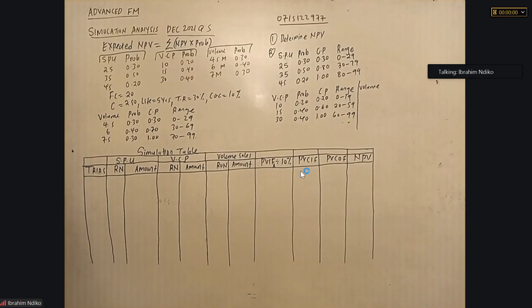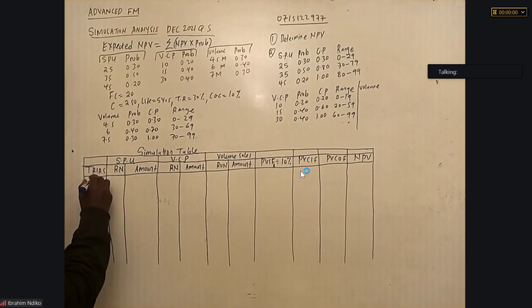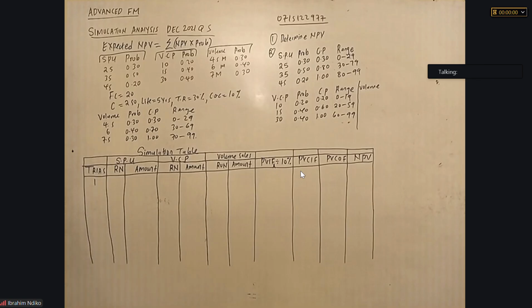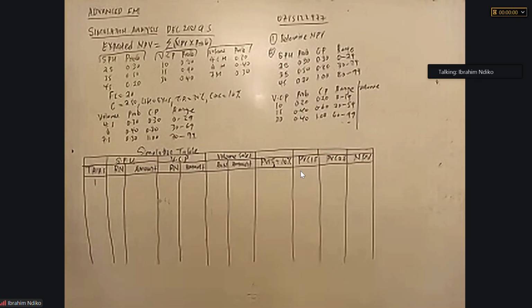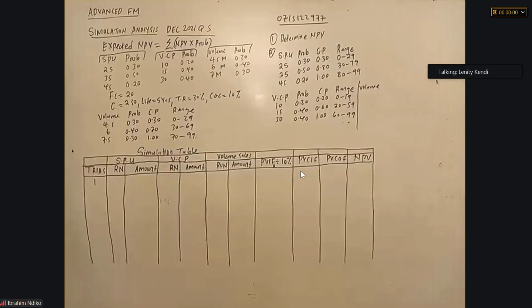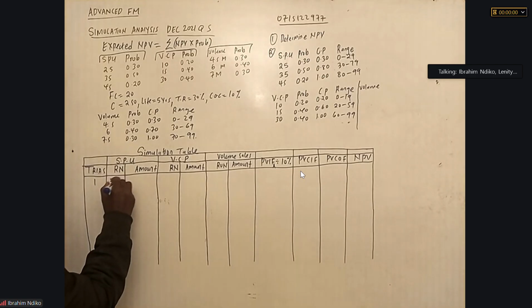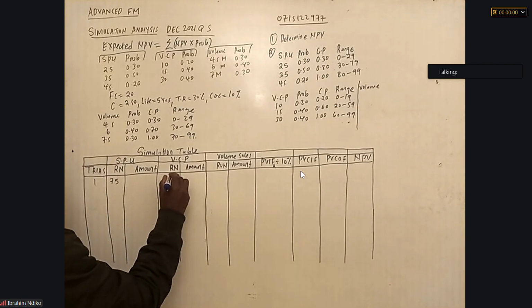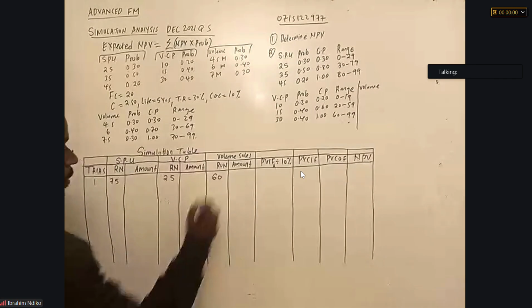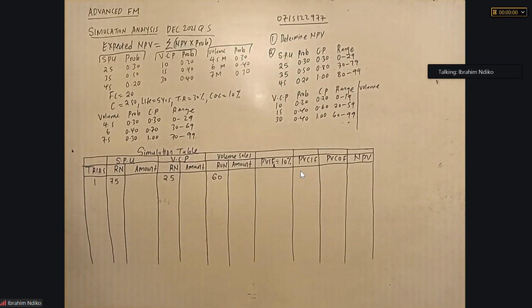Unaandika chini zile numbers. Haya, the first one ilikuwa gani? 75, 25, 60. So, the first line iko na namba tatu. Iko sawa? Yes.